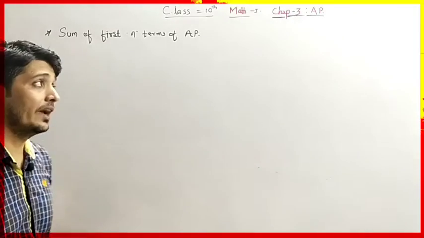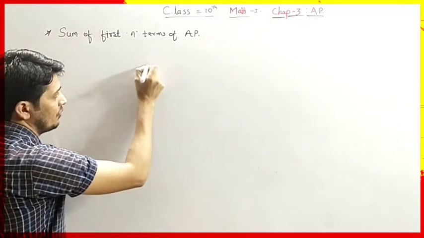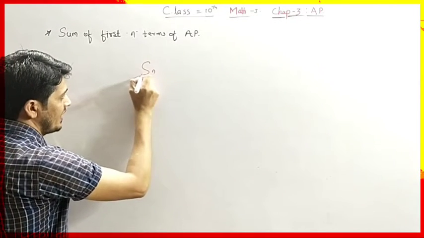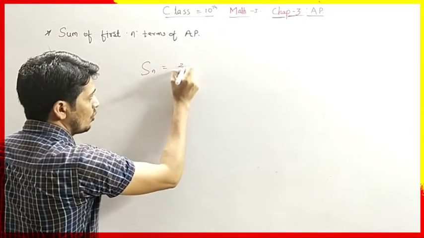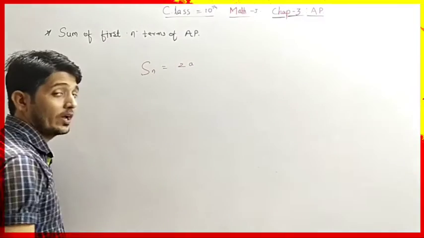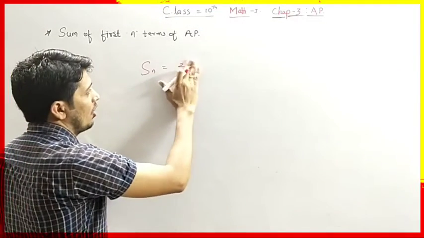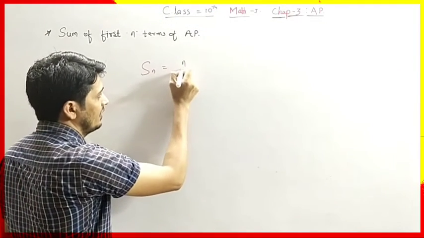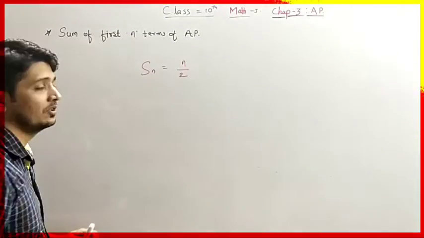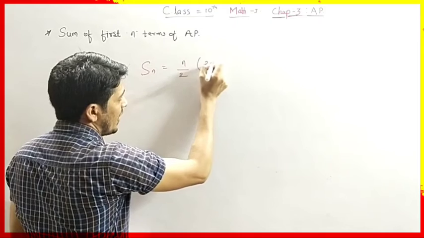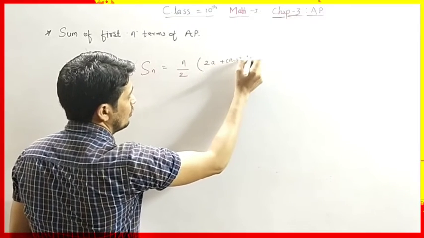For that we have the formula for the calculation of the sum of first n terms, which is Sn. Sn equals n divided by 2 into twice a plus n minus 1 into d.